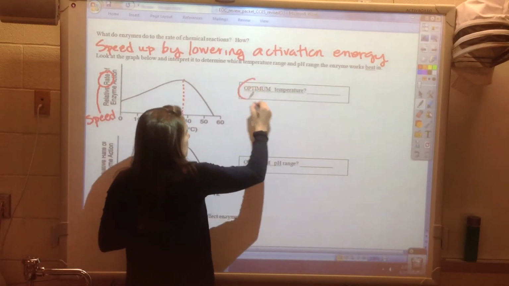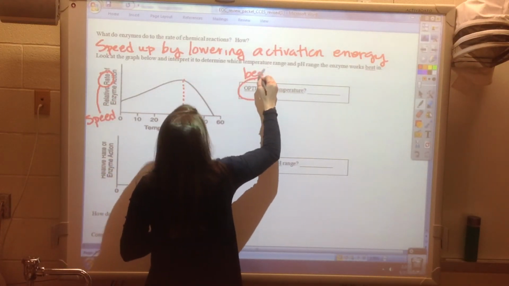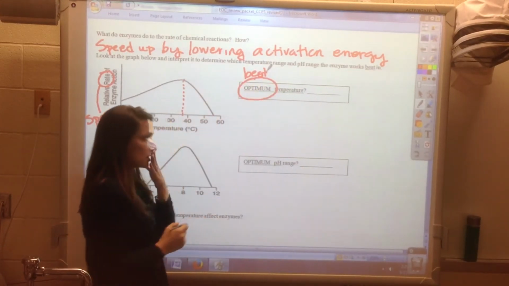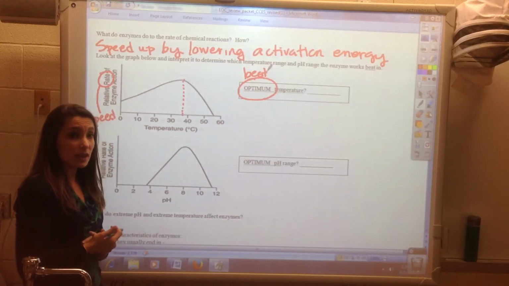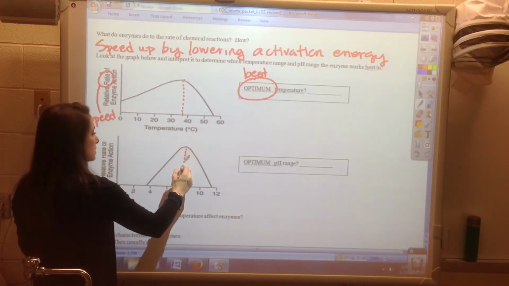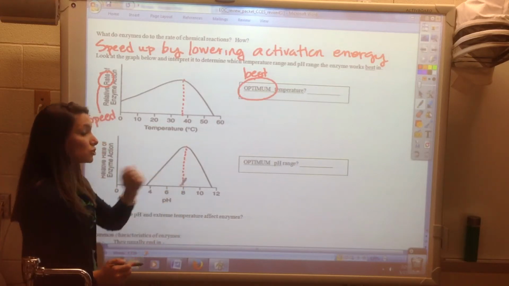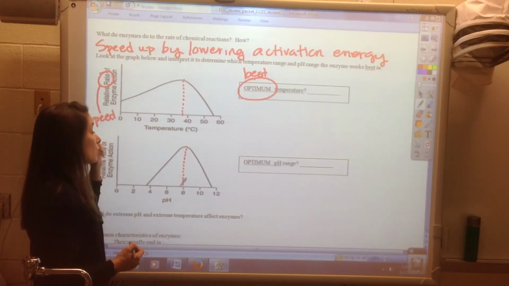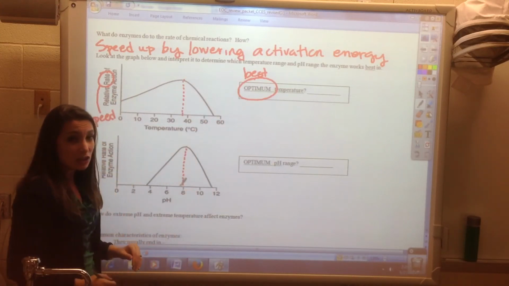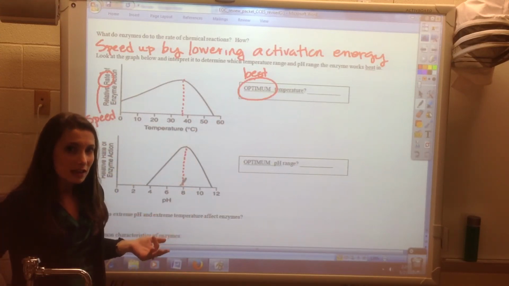And optimum means best. So the best temperature would be right about here. So you do need to answer that. And again, we want to look at the best pH. And so you should be able to fill that out. Remember, if I change the temperature or I change the pH, I denature the enzyme.